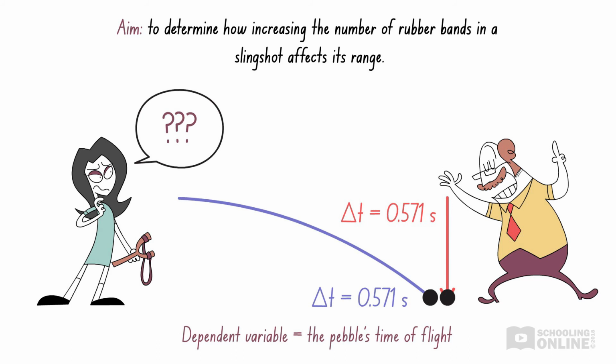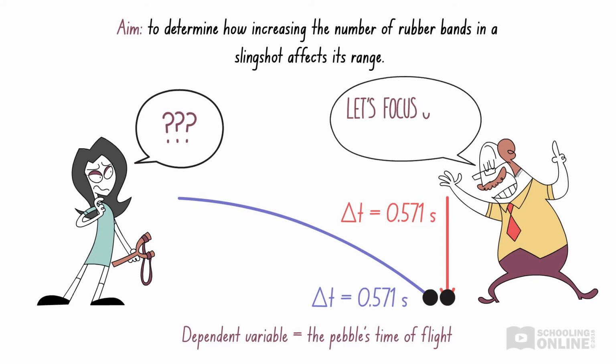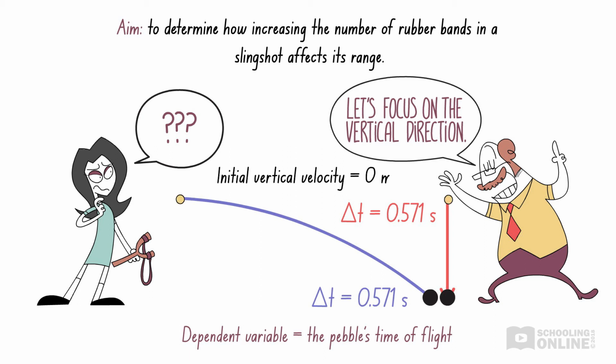Do you know why this occurs? Well, we can start by analysing the motion of the pebbles in the vertical direction. Both pebbles accelerate downwards due to gravity, and when they are released, they both have a vertical velocity of 0. Therefore, they both fall downwards at the same rate and land at the same time.